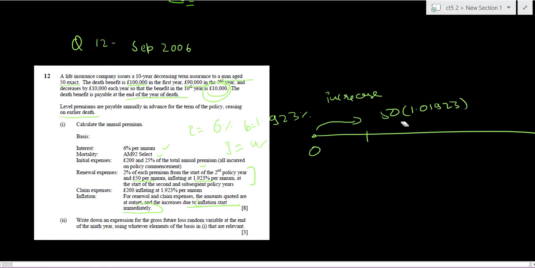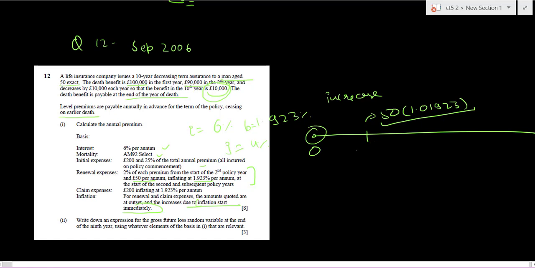This is the renewal expense at the beginning of the second year, I presume. So the second year's expense would be equal to this, because it was quoted as 50 at time 0, and then by the end of the first year this amount of inflation has applied to it.